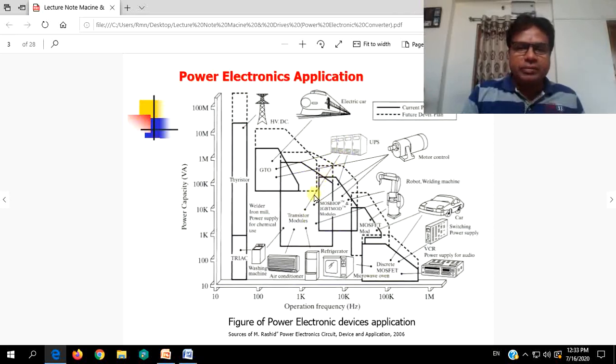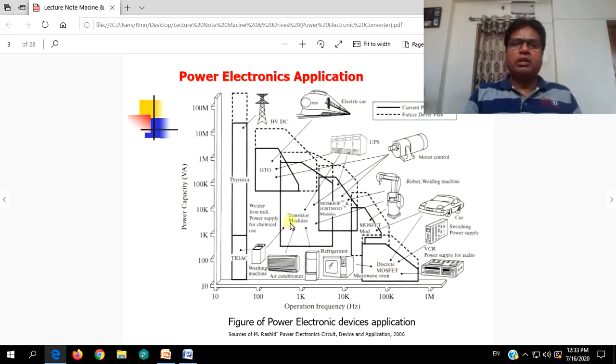At the same time, transistor modules can be used. MOS and IGBT can also be used. Likewise, triacs for washing machines, transistor modules can also be used. For refrigerator also, transistor modules can be used. Likewise, discrete MOSFETs, VCR.